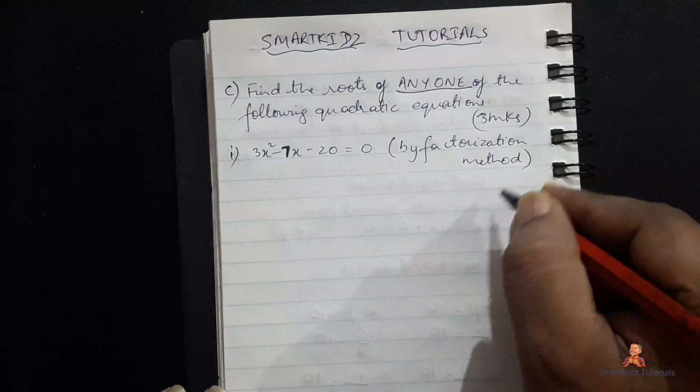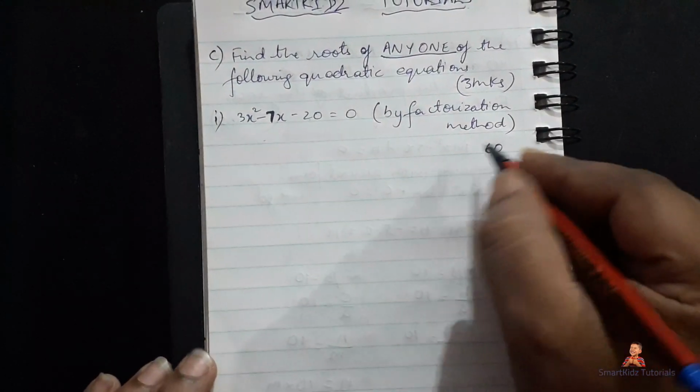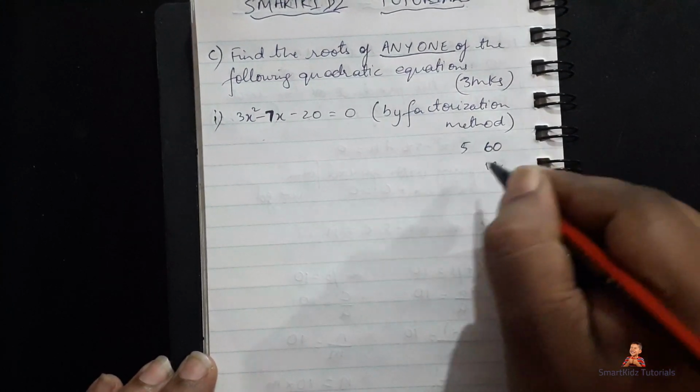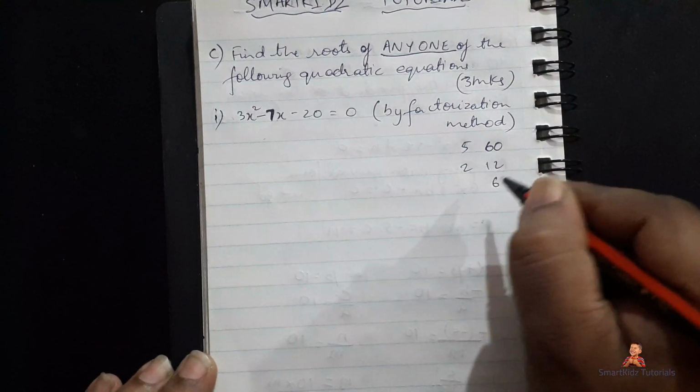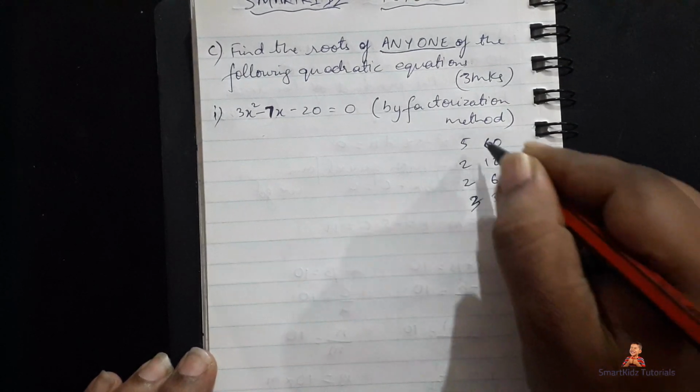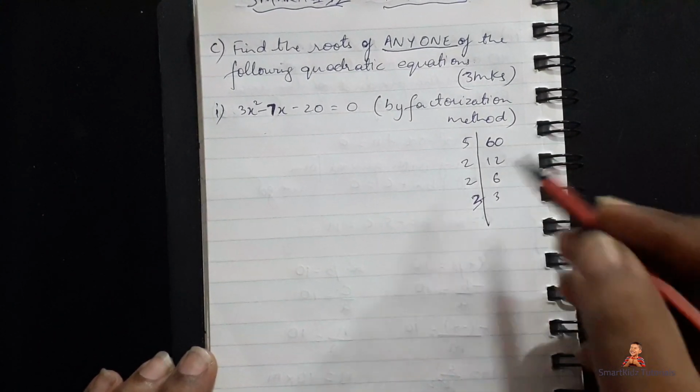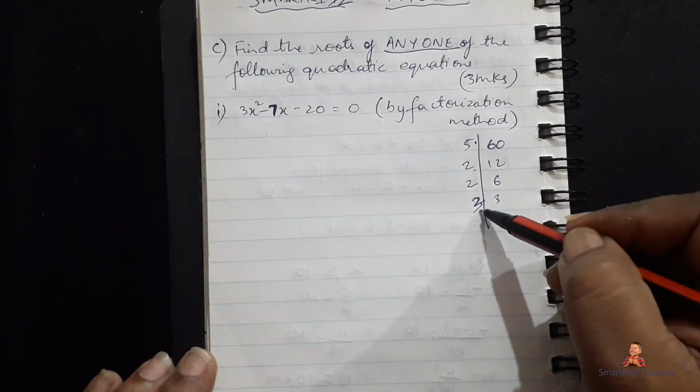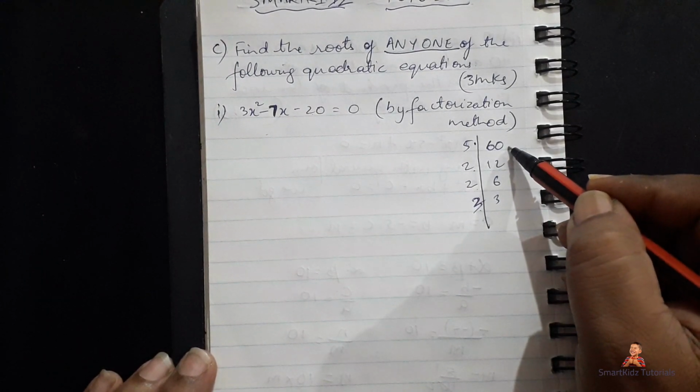So how do we get 60? 5 12s are 60, then 2 6s are 12, 2 3s are 6, and 3 1s are 3. So you get it this way: 5 into 2 into 2 into 3 will give you 60.